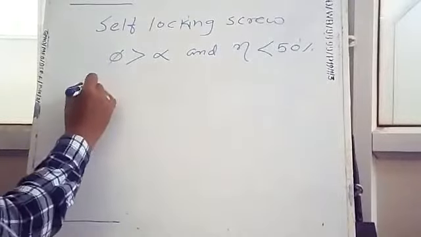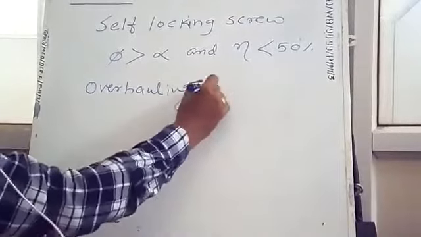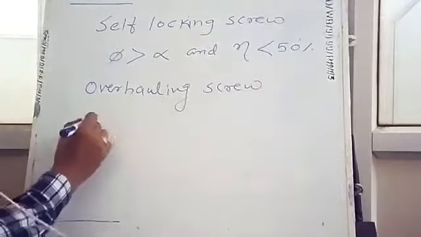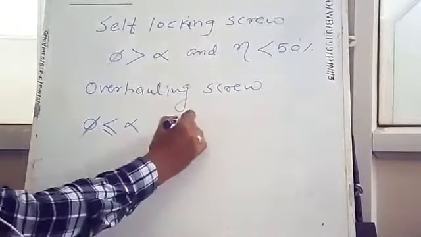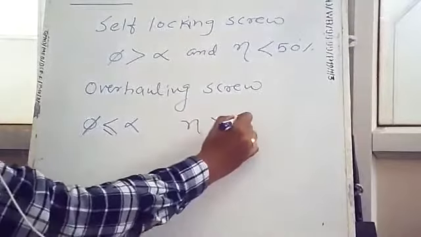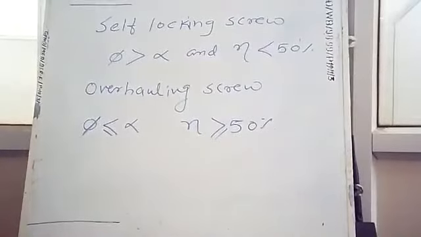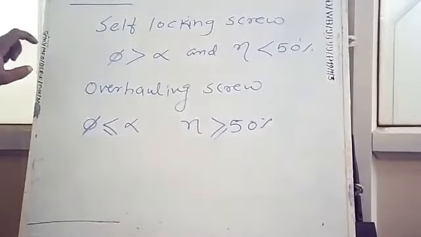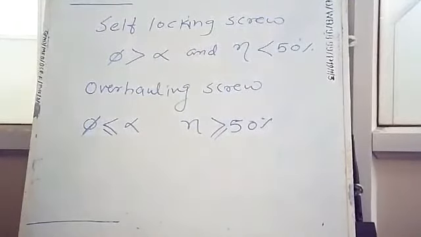For the overhauling screw, the condition is that phi will be less than or equal to alpha, or efficiency is greater than or equal to 50%. This is the condition of self-locking and overhauling screws. So with this we have elaborated on the efficiency of our square thread screw.